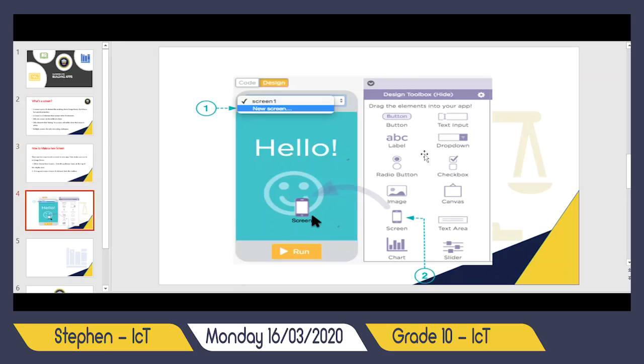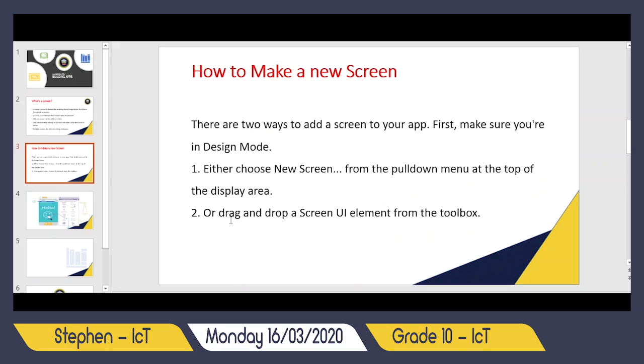Number one, either choose new screen from the pull down menu at the top of the display area. That is, you come over here, you click this pull down menu, this arrow you see here. When you click it, you can select new screen, and thereby you can make your new screen.